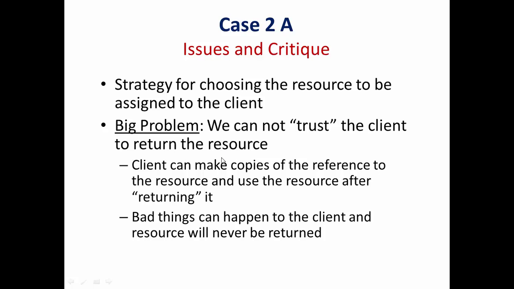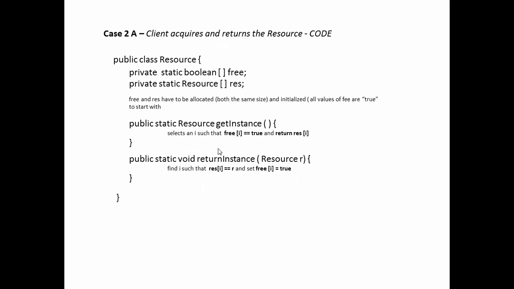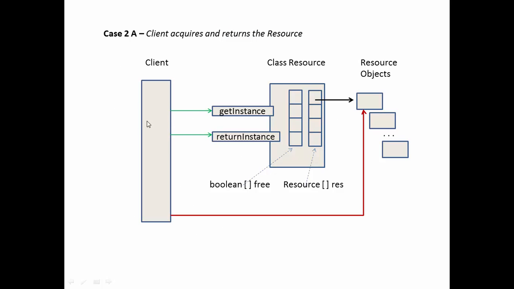One problem is that if the client holds a reference to our resource, there's nothing we can do about the client calling return instance, providing us with this reference, but actually never releasing this reference right here.